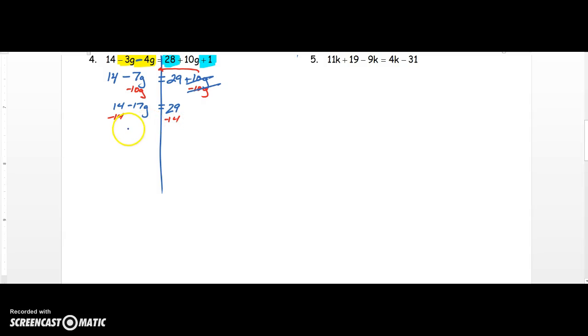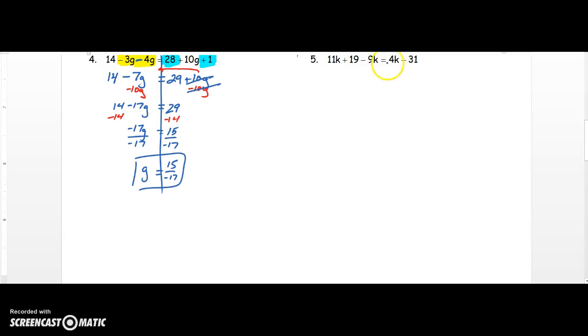So we have negative 17g equals 29 minus 14 is 15. So let's go ahead and now we can divide by negative 17. What I'm going to do is just go ahead and leave it in fraction form, so it's a little bit easier to work with later on.